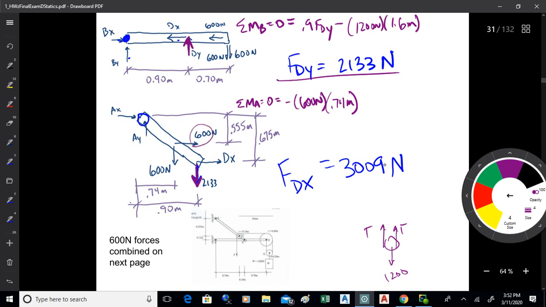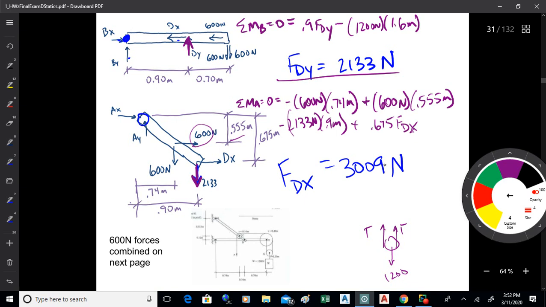Okay. And I got plus 600 newtons times 0.555 meters. Then I've got minus 2133 times 0.9 meters. And then plus 0.675 F_Dx.